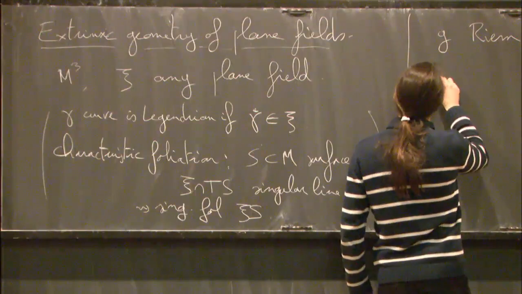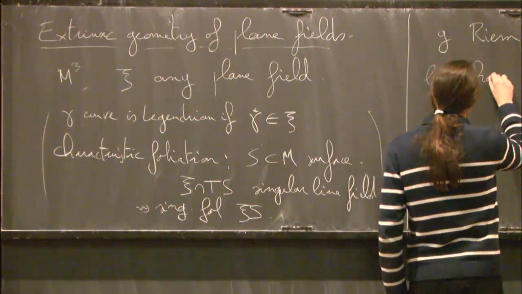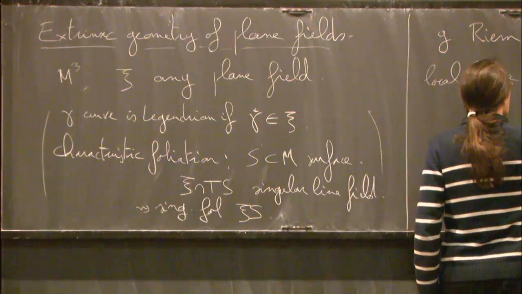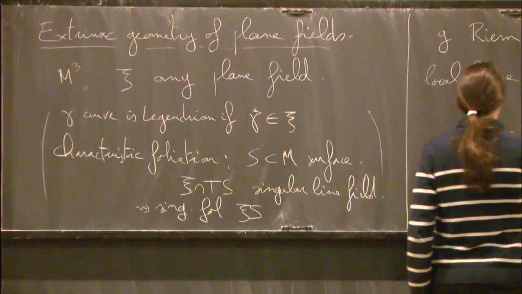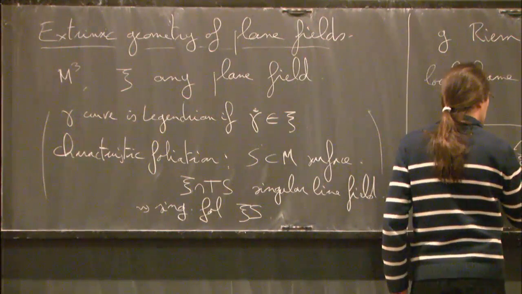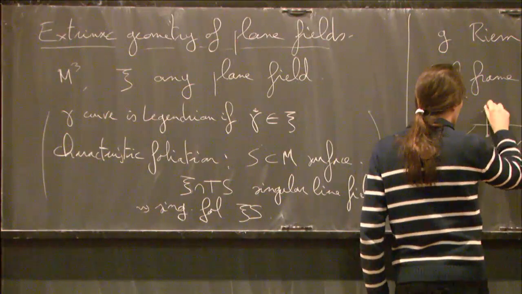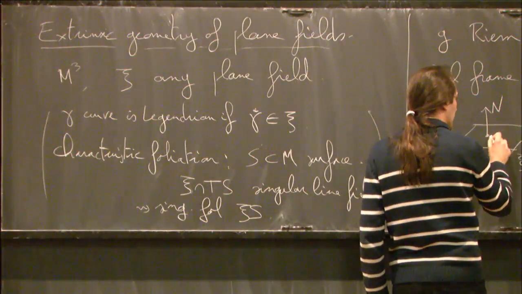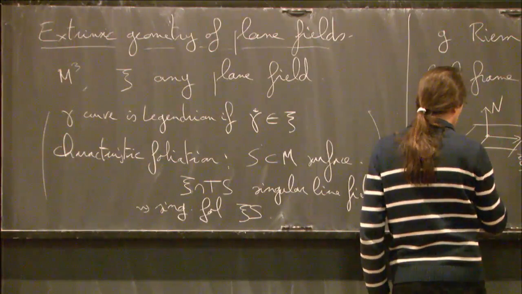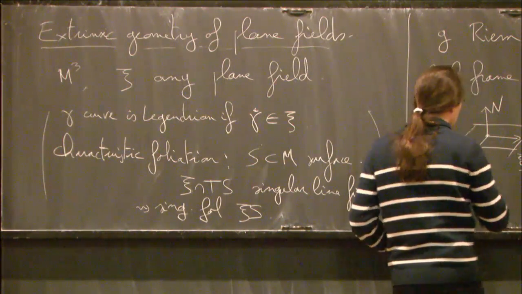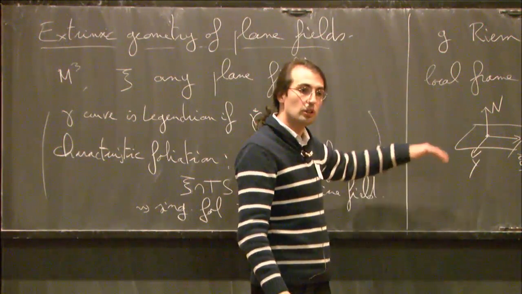You get a local frame around some point P: there is psi at P, you take a unit normal vector n, and then x and y are inside your plane field. They are Legendrian vector fields.